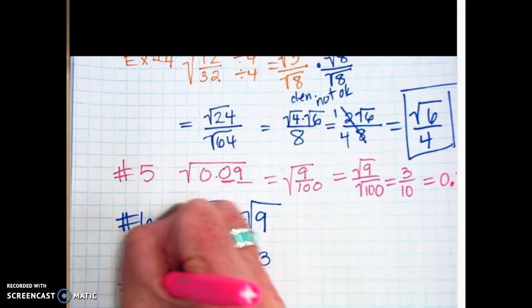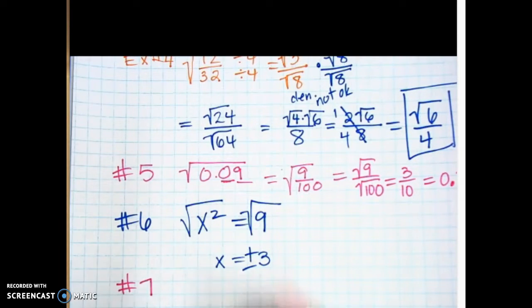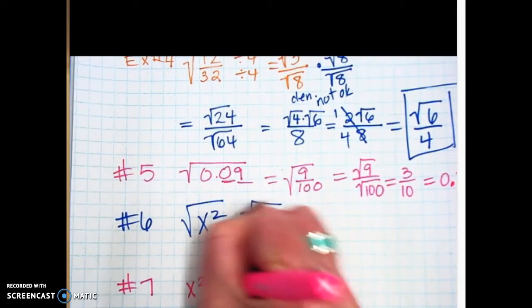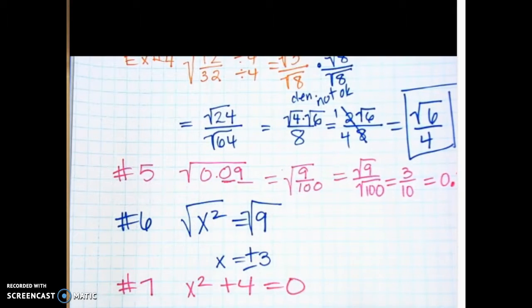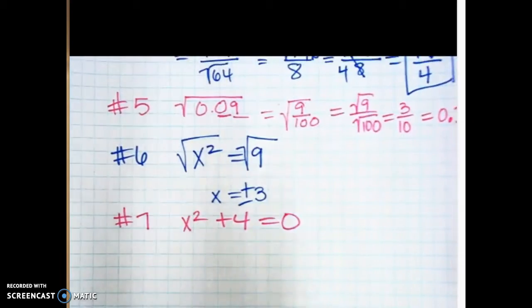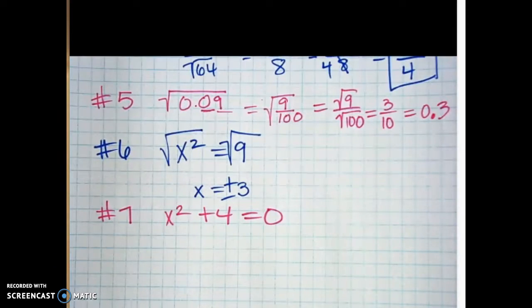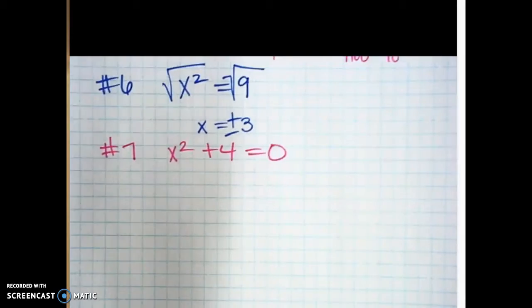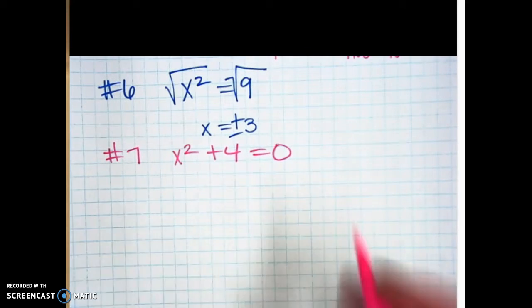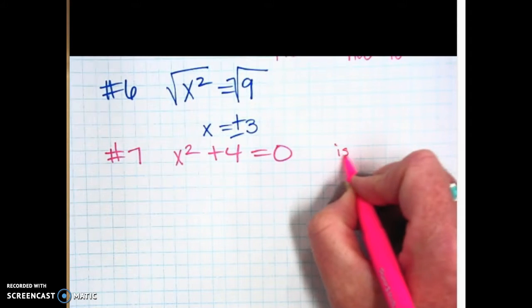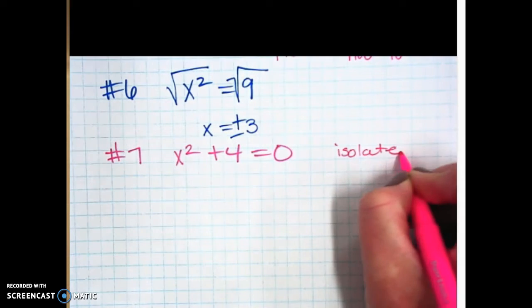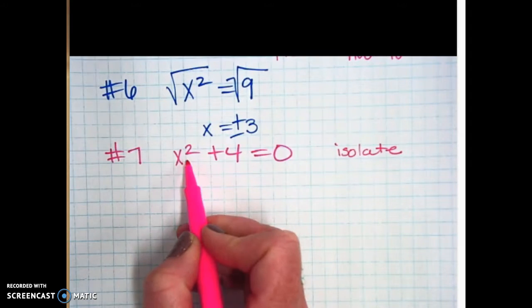All right. Example 7. This time, we've got x squared plus 4 equals 0. First thing you want to do is isolate that variable, right? Get it by itself.